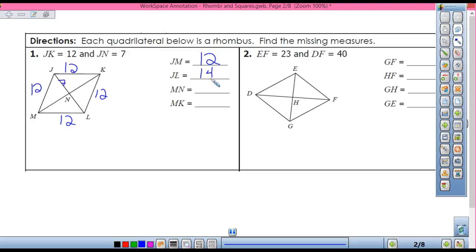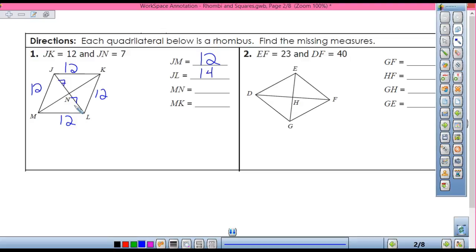We're not talking about angles here. It doesn't have anything to do with angles, you guys. Stop saying anything about angles. Diagonals bisect each other, because a rhombus still has those 5 properties of parallelograms. So that's 7, that's 7.